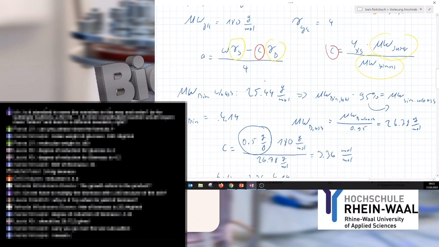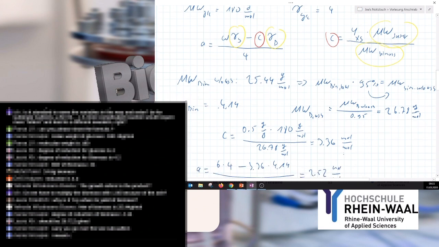Then this is my molecular weight of our substrate. This we have calculated before. This value here. And this value here is our molecular weight of our biomass, and we have calculated it here. So I just put these values in the formula, and then I type it in my pocket calculator, and I get this 3.36 mole per mole.